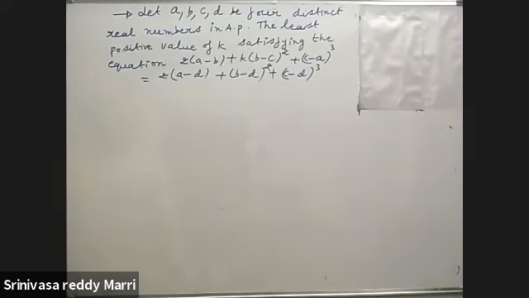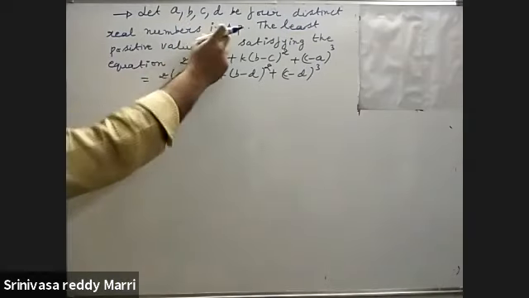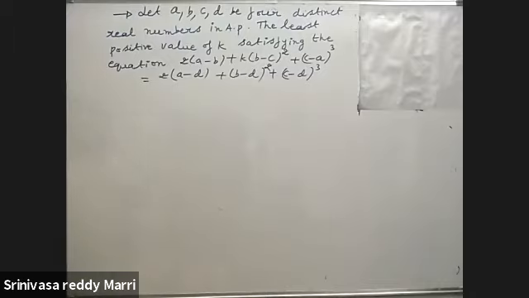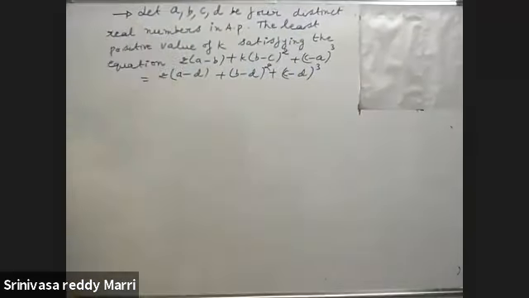Given that A, B, C, D are four distinct numbers in AP, you have to find the least value of K which satisfies this equation.